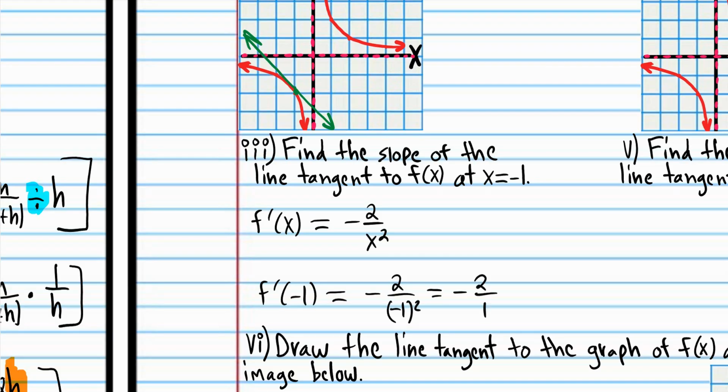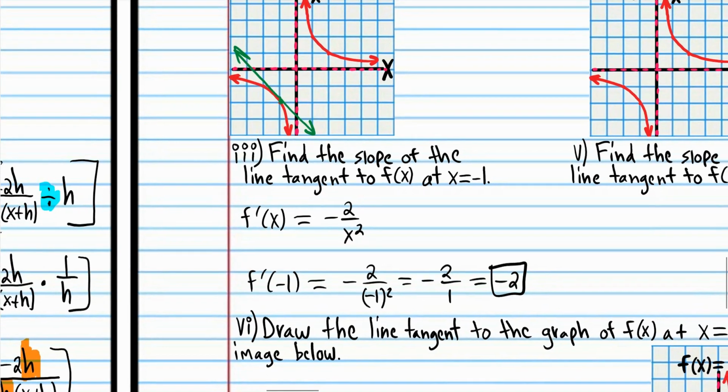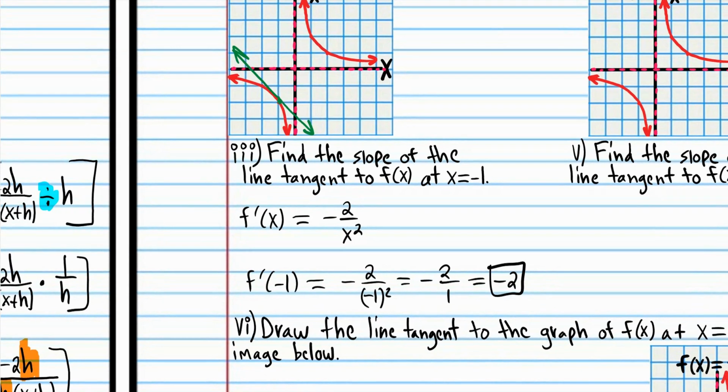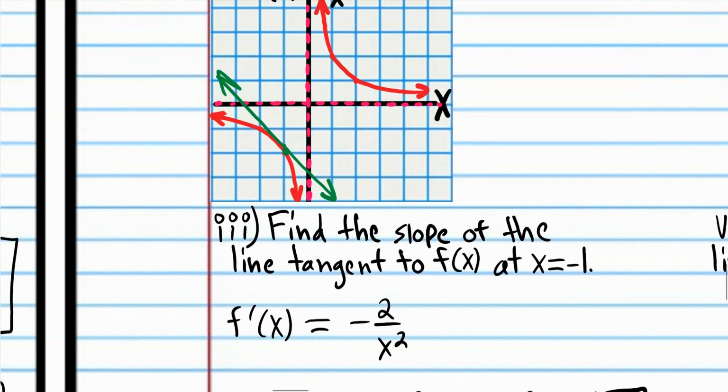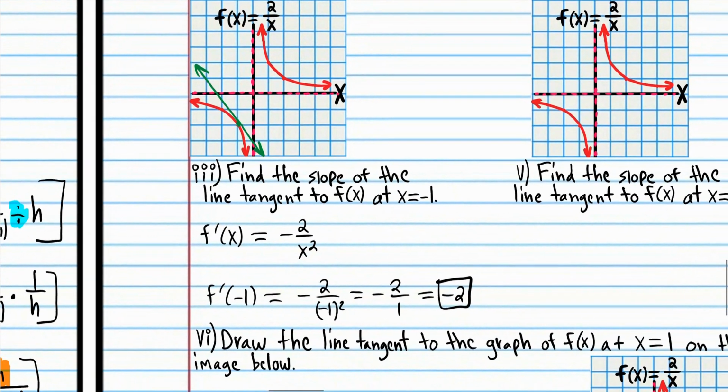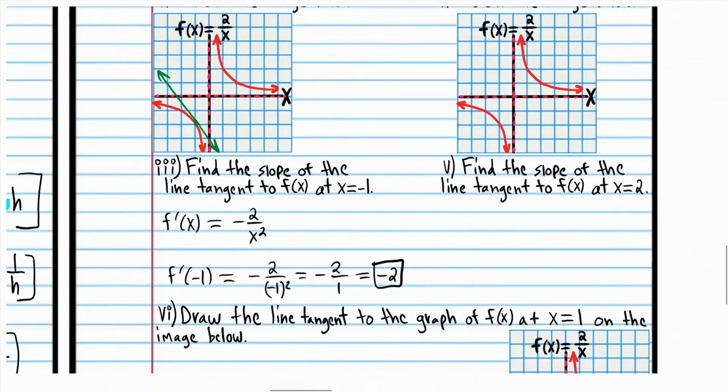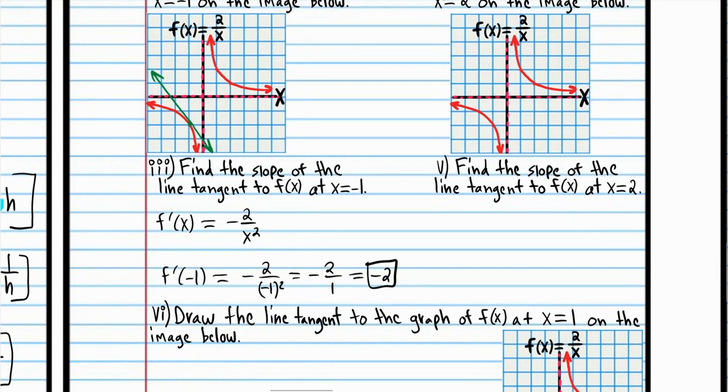So we get negative 2 over 1, which is negative 2. Now again, my line may not be completely correct. It probably needs to be a little steeper. But we're just drawing the line so we can get a general idea of what exactly we're finding.